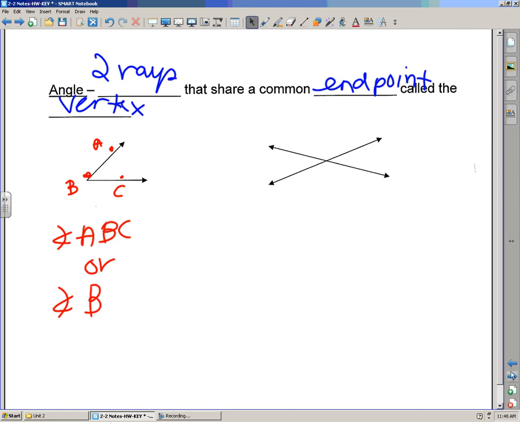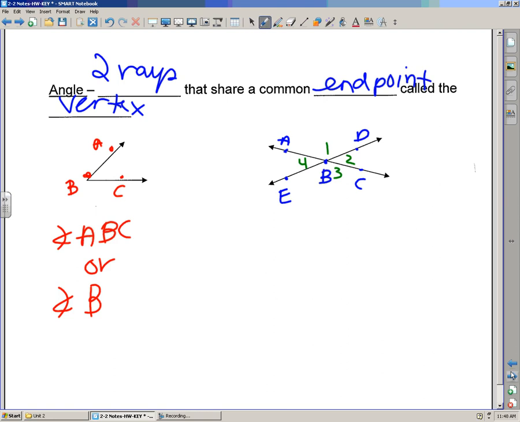On this other picture, if we start giving this thing some points, we'll call these A, B, C, D, and E. We still have vertex B, but you should notice that there are 4 different angles using vertex B. So in terms of naming angles on this one, you need to use exactly 3 letters.